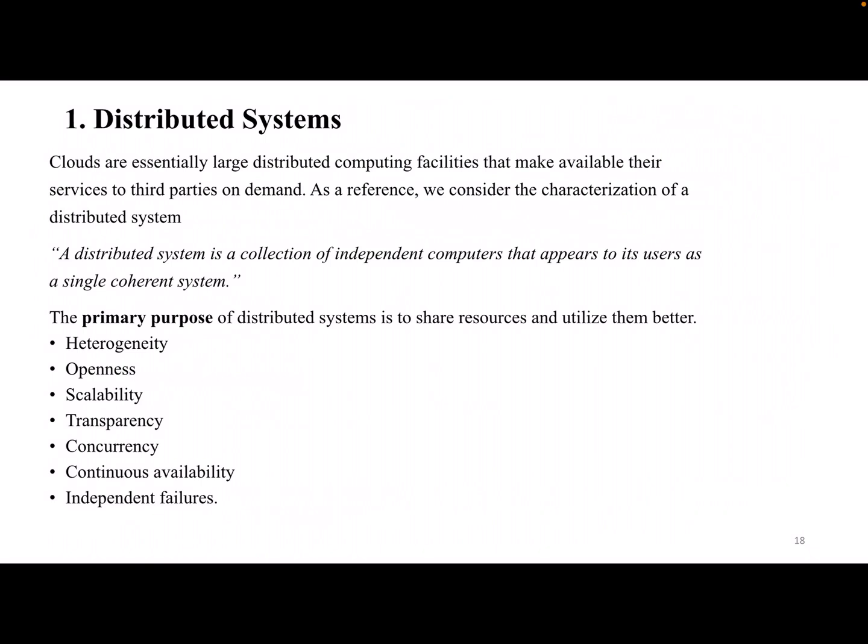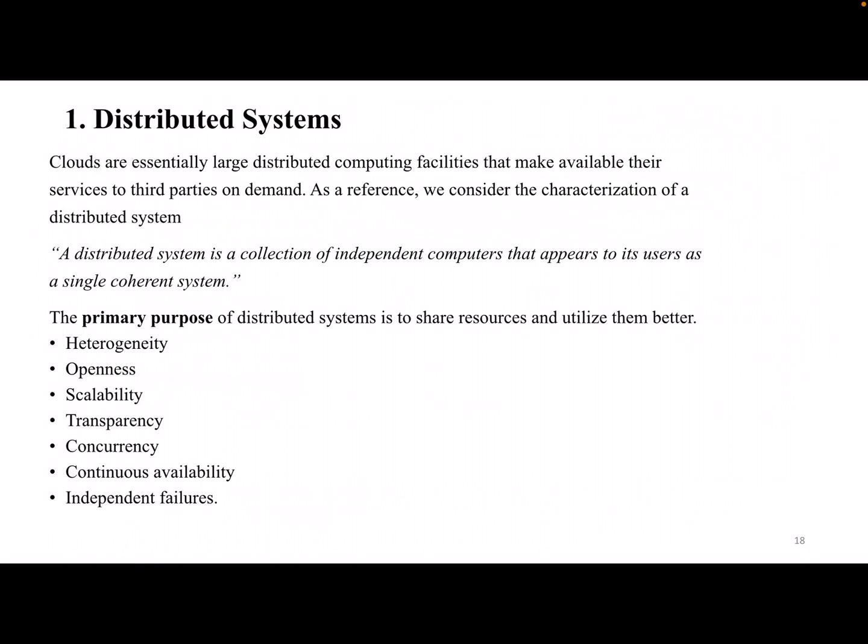We should know what a distributed system is trying to tell us. A distributed system is a network of interconnected computers or nodes which work together to provide shared resources or services. It has three types, that is mainframe, cluster, and grid, which I'll explain in the upcoming slides.